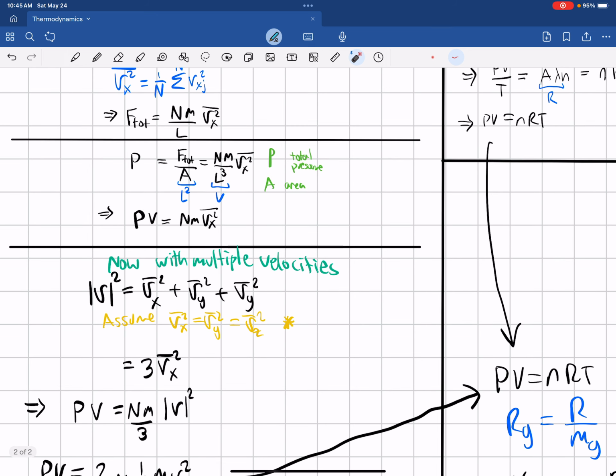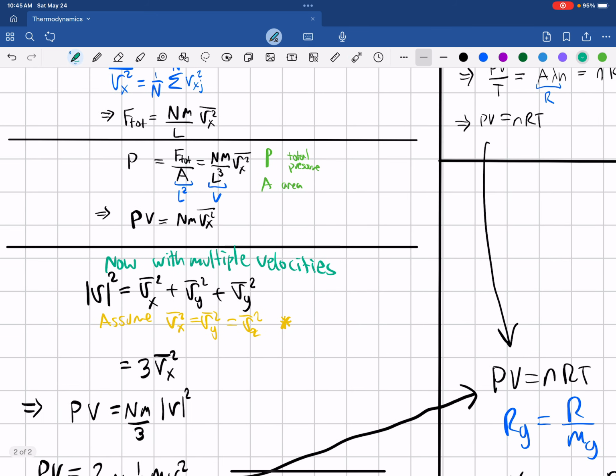Now, if we have multiple velocity directions, then we can define the magnitude of velocity, which instead of being a vx, this is actually going to be the average velocity.